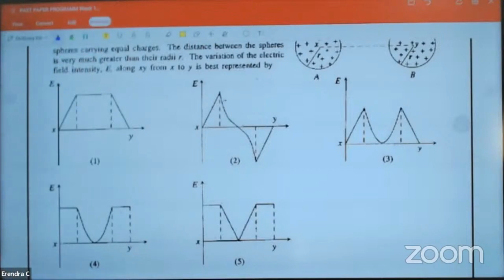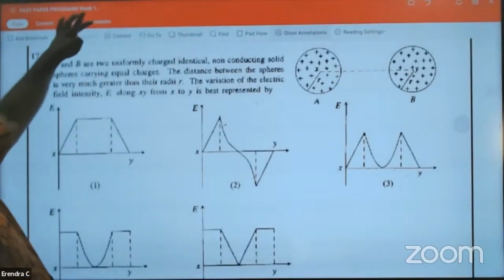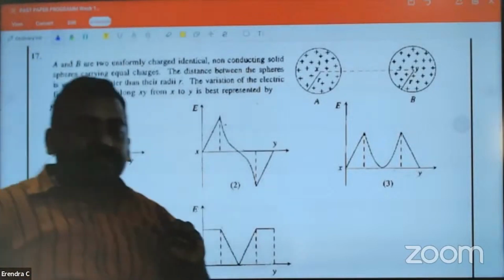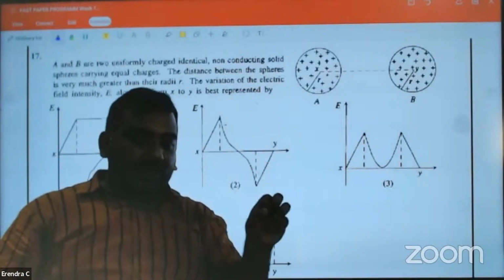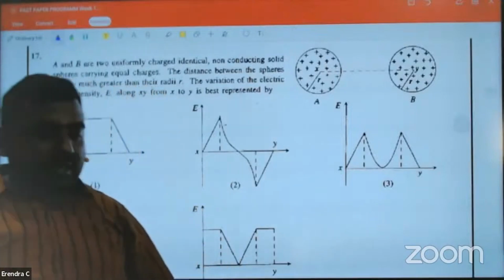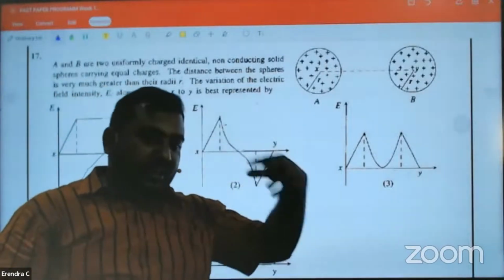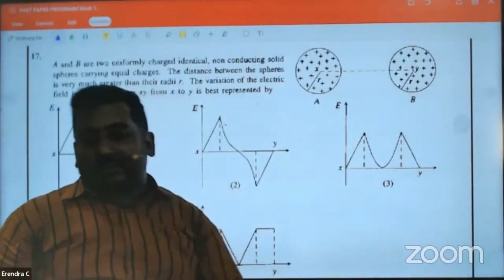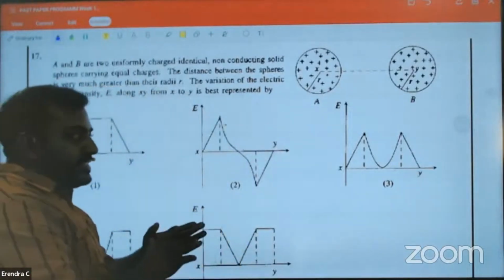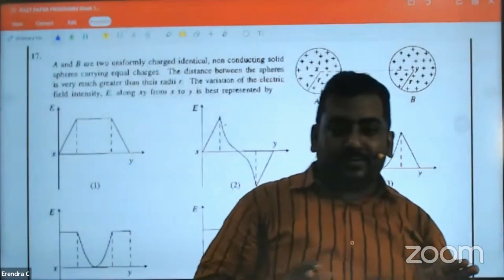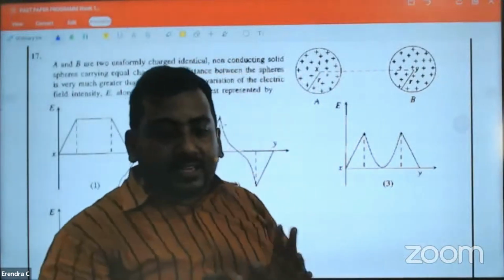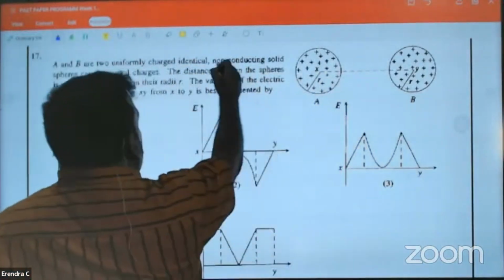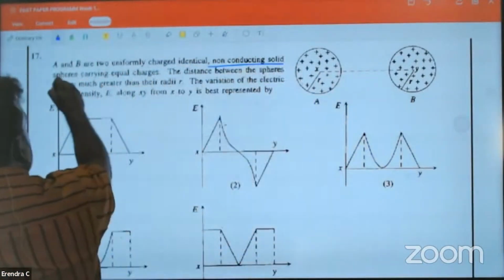Okay. What are they saying here? Now, this one, wherever you study, they would tell you this is not there in the syllabus now. But I have taught you all why it's not in the syllabus as well. Since this is done already, I'll just give you a small hint. This is a non-conducting solid sphere carrying charge.